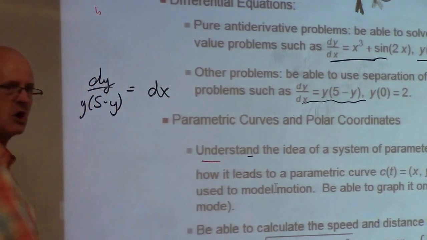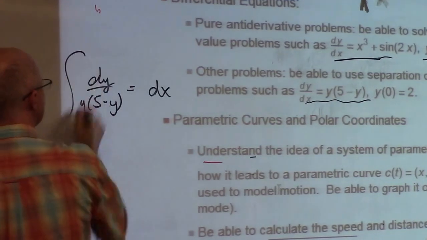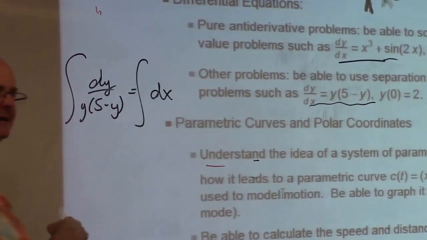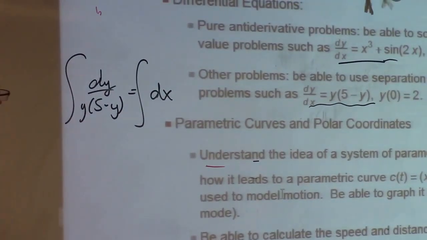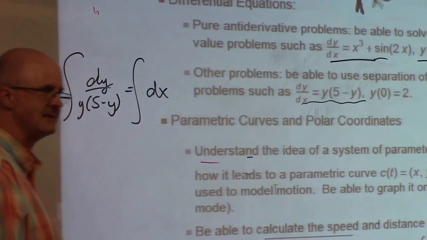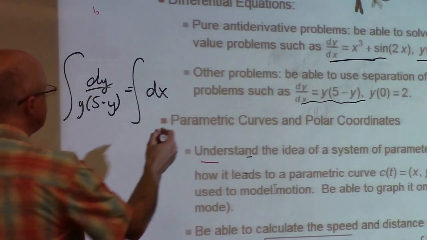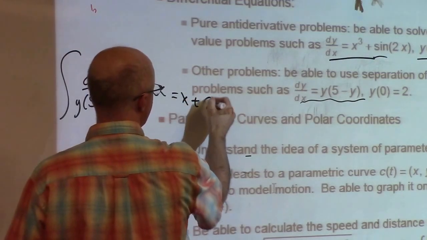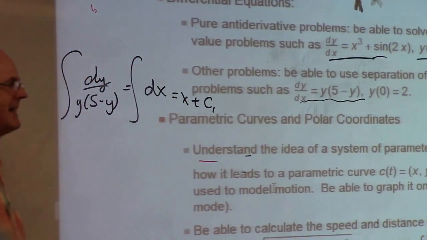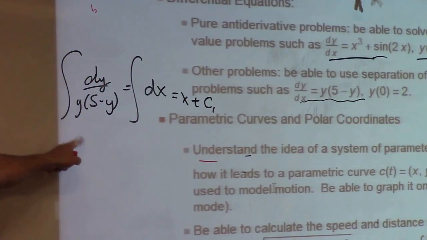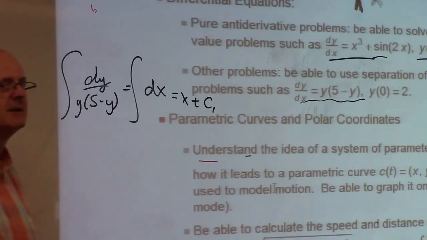And then you feel this urge to integrate both sides. You separated variables, you get the y's on one side and the x's on the other. The x's is just a dx. This is easy to integrate. You get x plus c, or maybe you want to call it c1. That's harder to integrate. You've got to use partial fractions and get logarithms.